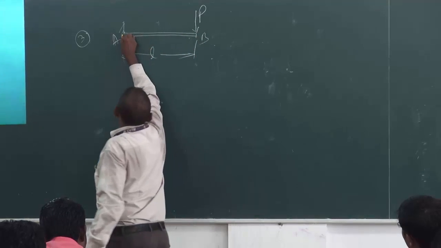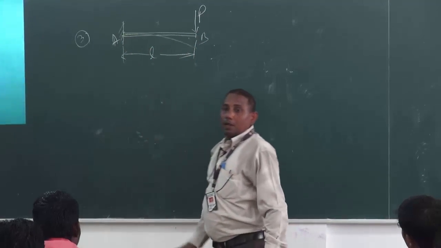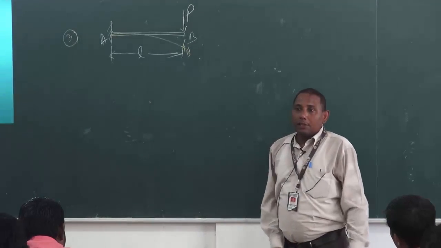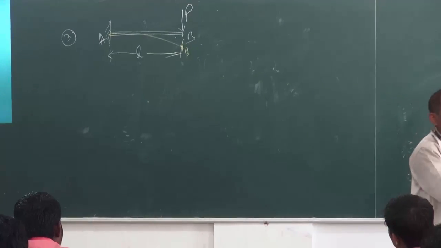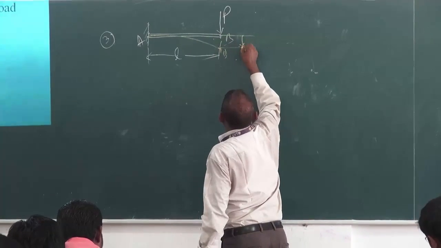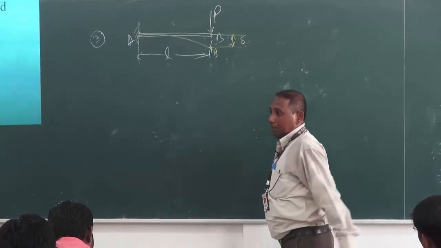So this is the deflected end. That means AB will be deflected to AB dash. The free end is deflected from B to B dash, and that B to B dash is nothing but the vertical deflection at point B.